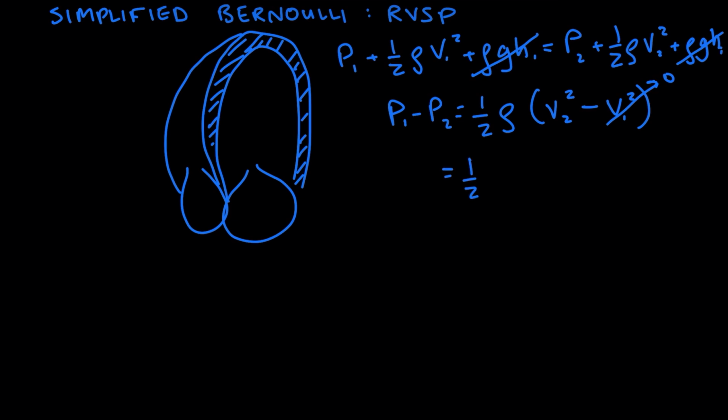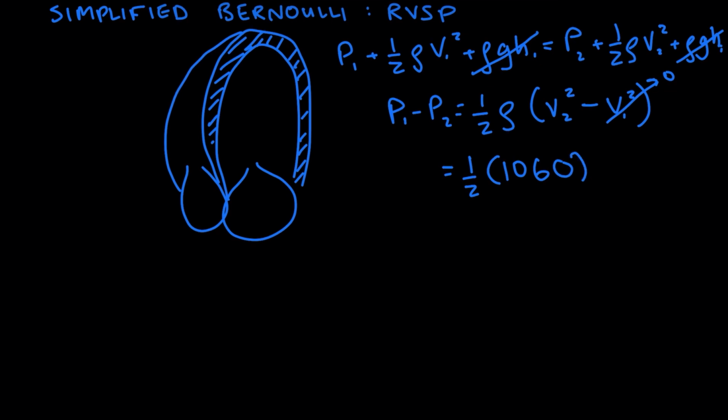Let's plug in some numbers here. So equals 1/2. The density of blood tends to be fairly constant. It's around 1,060 kilograms per meter cubed. And then I'm going to divide this by 133.3 pascals per millimeter of mercury, because we're more comfortable talking about pressure in millimeters of mercury.